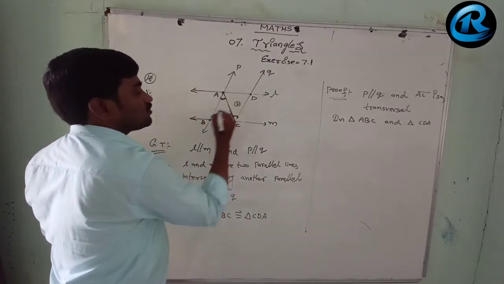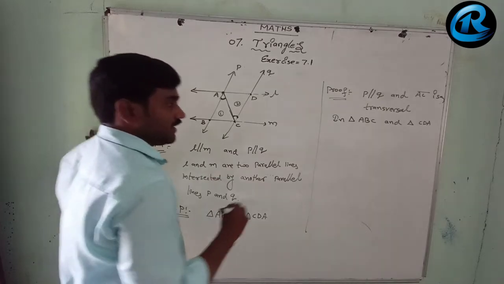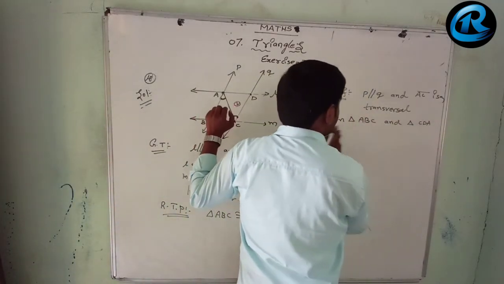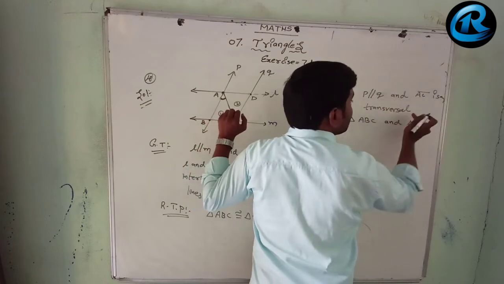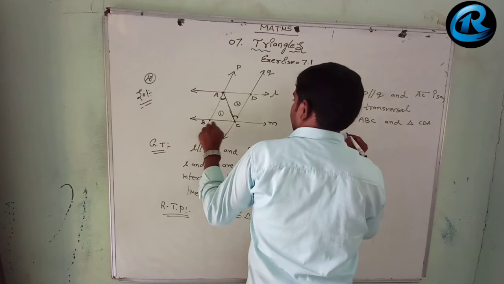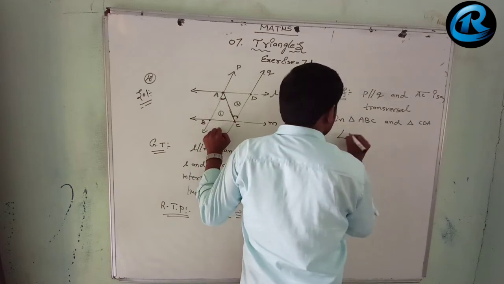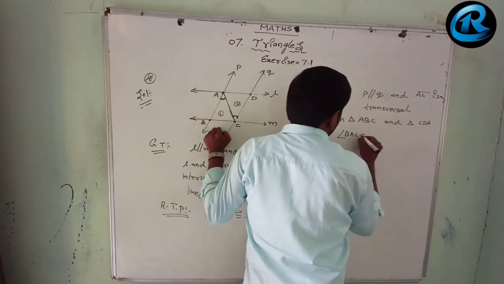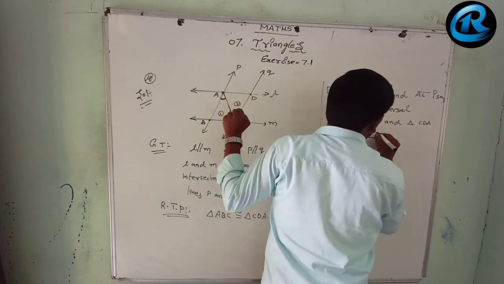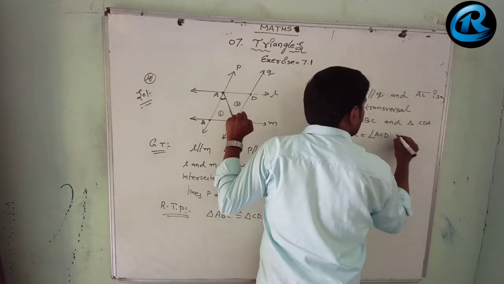See, these two angles are equal by alternate interior angles. Because, as I told you, these two lines are parallel and AC is a transversal, so I can write angle BAC is equal to angle ACD.